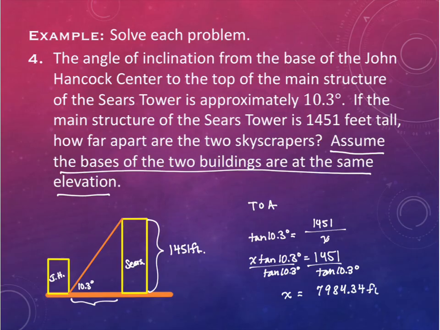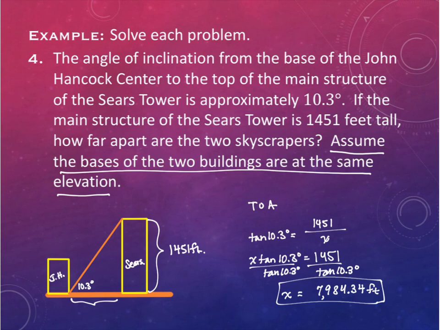Okay, no problem. Always a possibility of a typo on my paper too. So we have almost 8,000 feet apart. The picture was not drawn to scale, but you kind of knew that to begin with, right? This is definitely not a 10-degree angle I've drawn in here. So the pictures don't have to have a lot of accuracy. They're really just trying to give you some perspective of where the sides are in relation to the angles you're given.